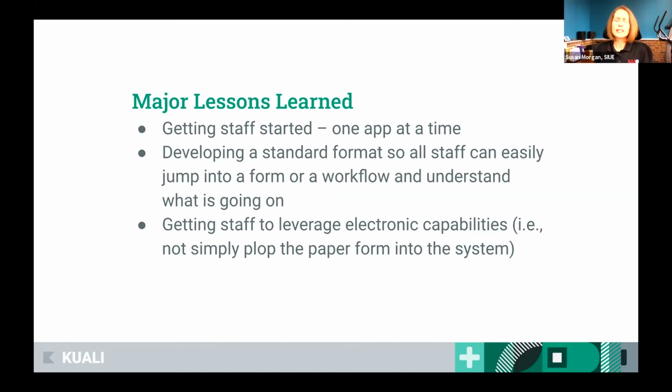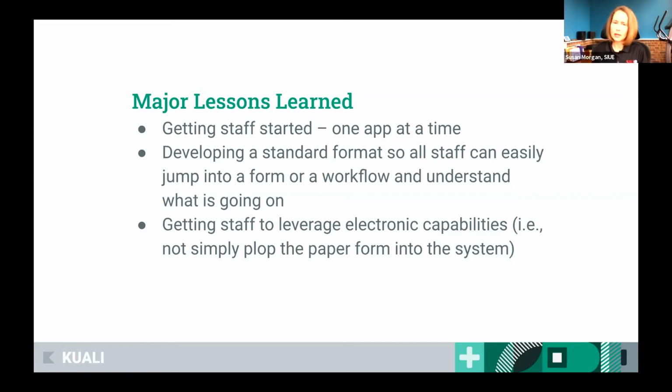What I did not realize is they would just start opening an app for every single internal funding program instead of focusing on one. And that goes into this second bullet, where we needed to develop a standard format, so all the staff could easily jump into a form or into a workflow and understand what is going on.